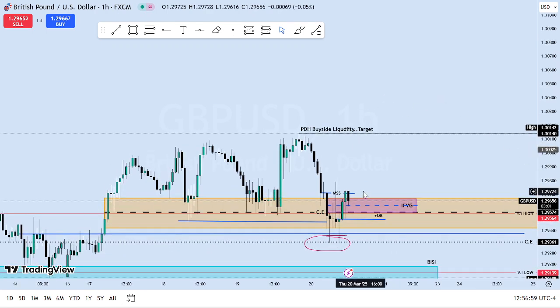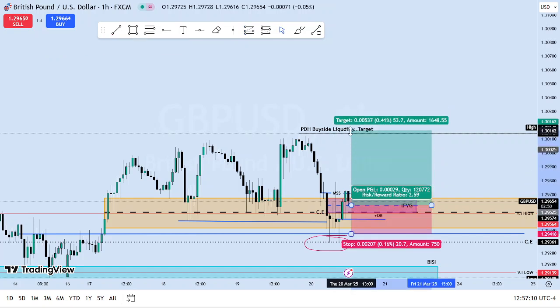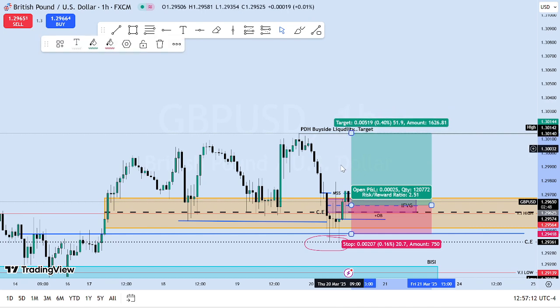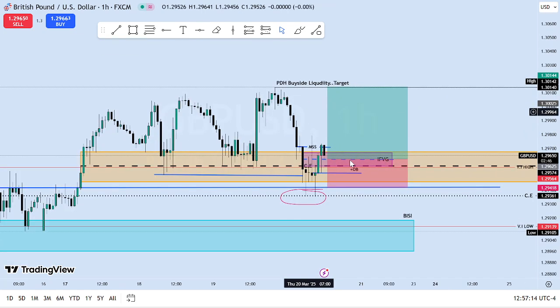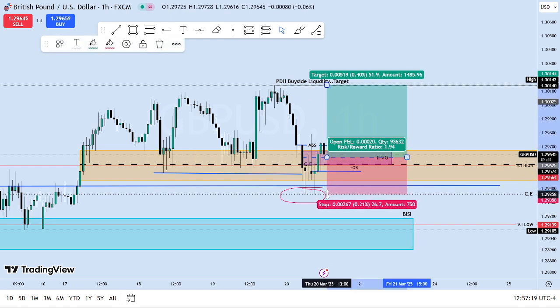So if you want to pyramid and enter this trade, that's how you trade. Your profit there, then your stop loss below here.